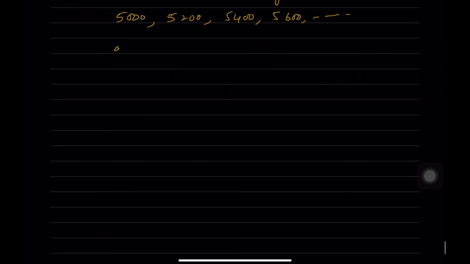So here A is equal to 5,000, D is equal to 200, and here Tn is equal to, that is the last term which you're having, or An. You can take this as An also. Sometimes in the exam they can give it as T also, so that's why I have used both Tn and An.